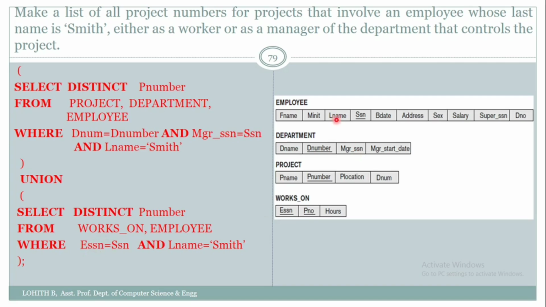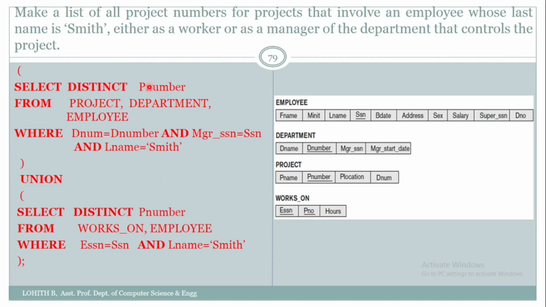And what is the condition? Last name is equal to Smith. And what are we retrieving? Project number. So that's it. Select distinct project number from works on, employee, where ESSN is equal to SSN and last name is equal to Smith. This second subquery retrieves those project numbers where Smith is a worker.